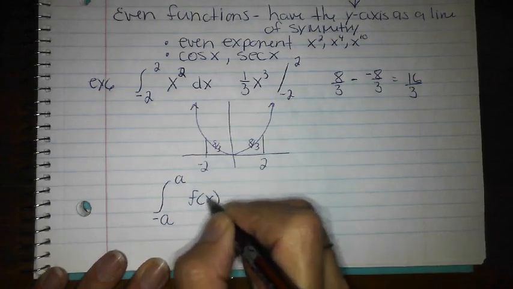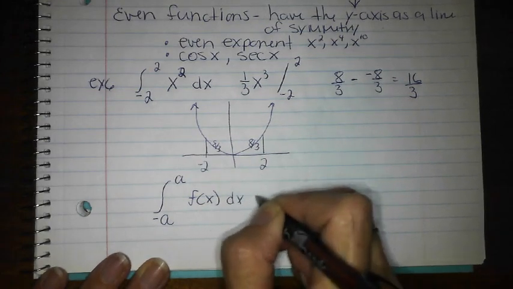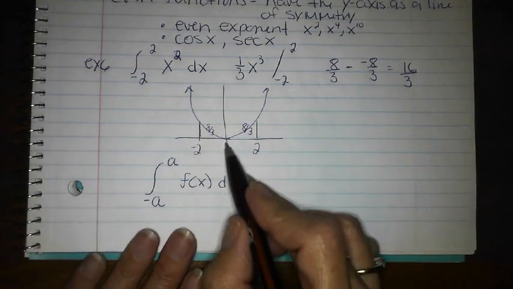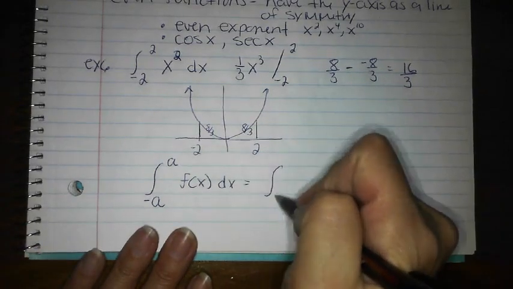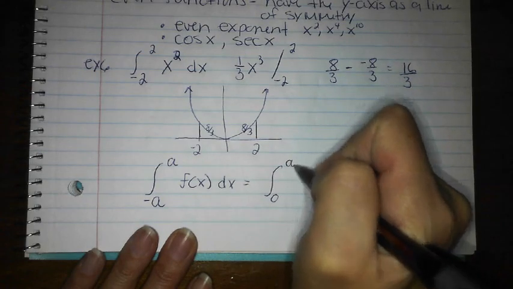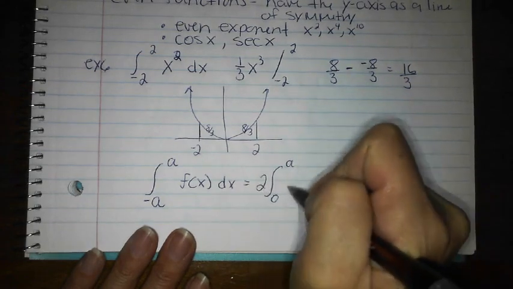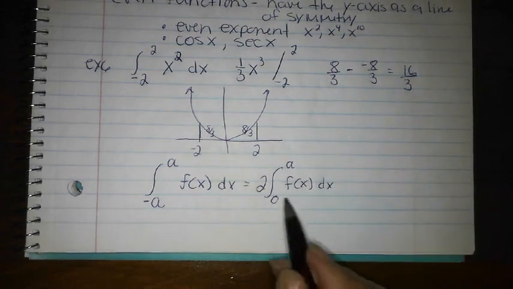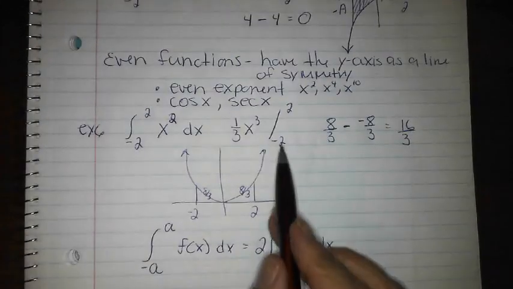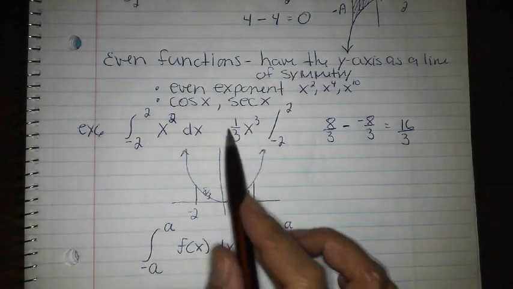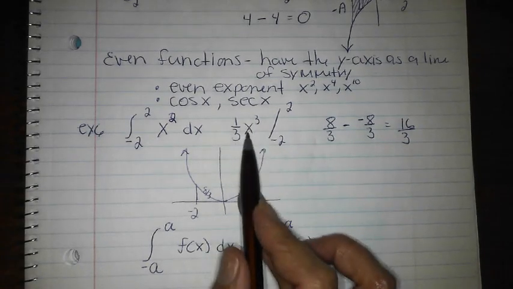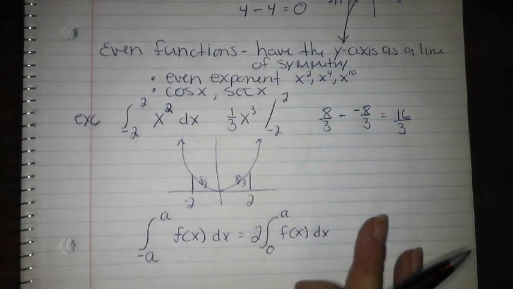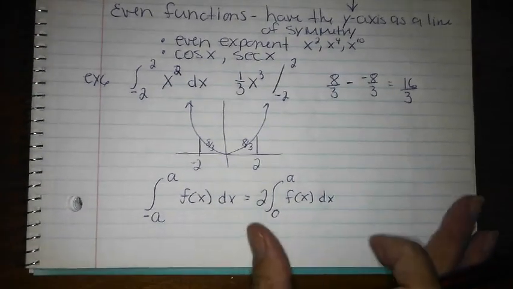If it's an even function, what they do is they rewrite it and say, oh, I'm just going to do it from 0 to a and double that answer. The only thing that saves you is plugging in a 0 and making your life maybe a little bit easier than plugging in this -2. So not much of a time saver, but it is one.